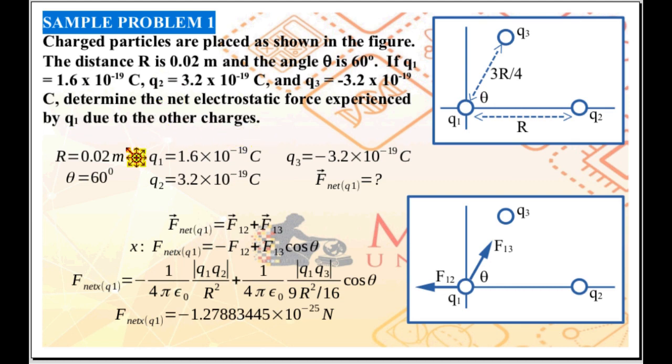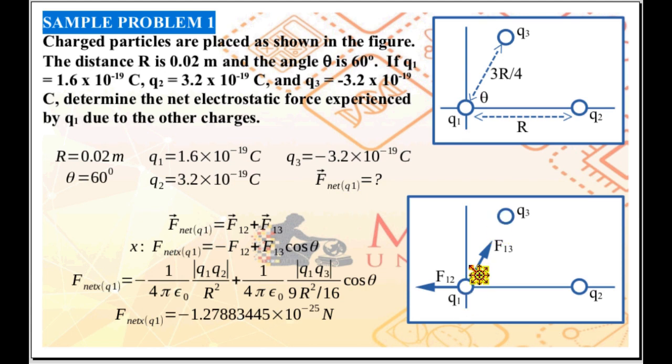So we know r, 0.02 meters, theta, 60 degrees, and the charges Q1, Q2, and Q3. Now, Q1 and Q2 are positive charges, whereas Q3 is a negative charge. We are looking for the net electrostatic force experienced by Q1.